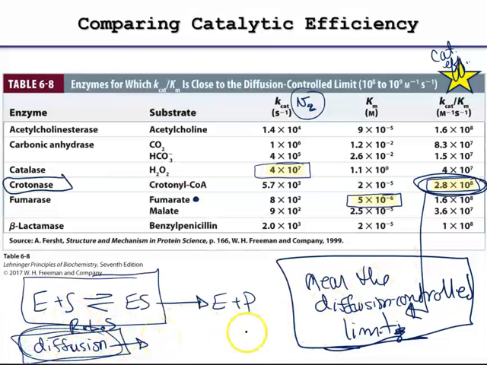And so that's why we can never have catalytic efficiency which exceeds the diffusion controlled limit. When we talk about diffusion controlled limit, we're talking about how the rate of diffusion is going to limit the combination of substrate with enzyme.